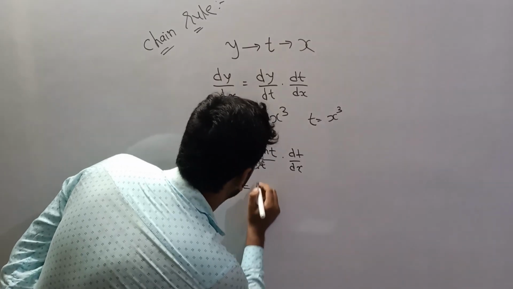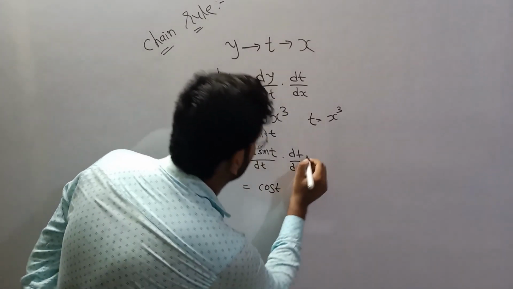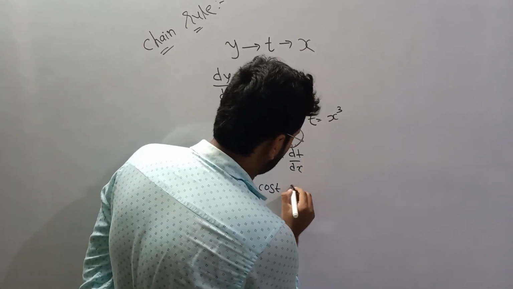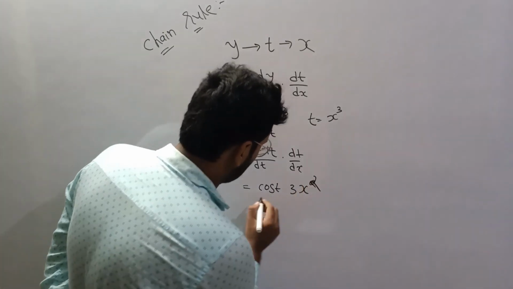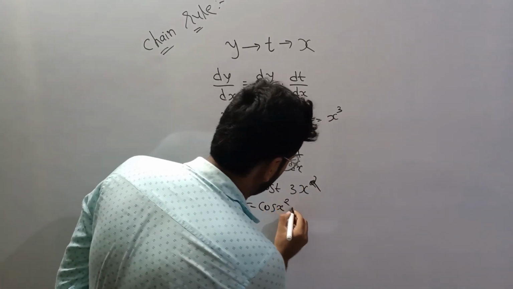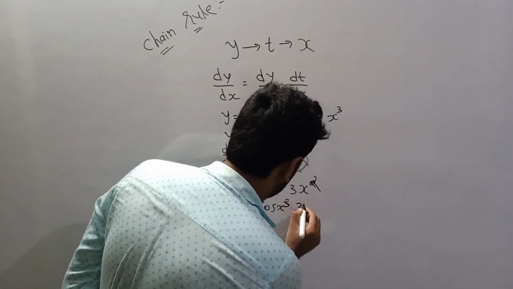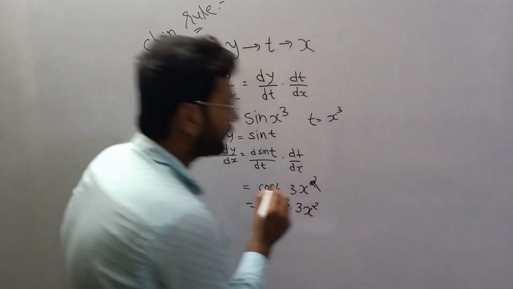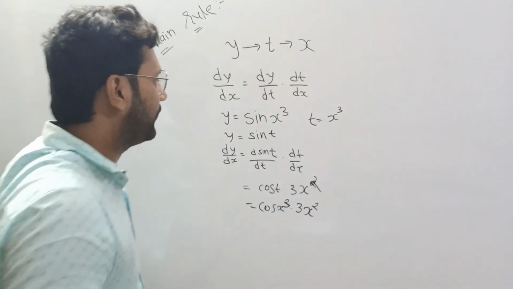The derivative of sine t will be cos t, and the derivative of x cube will be 3x square. Now if we put the value of t, then it is cos x cube into 3x square. So students, this was the hard way of solving the chain rule problems.